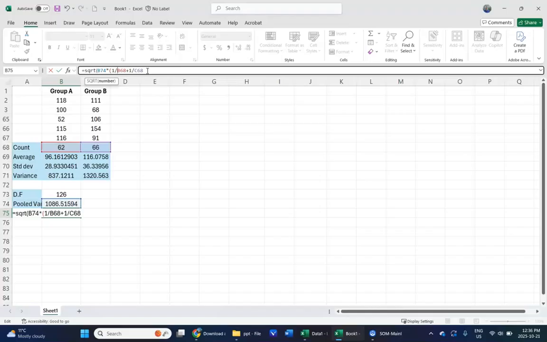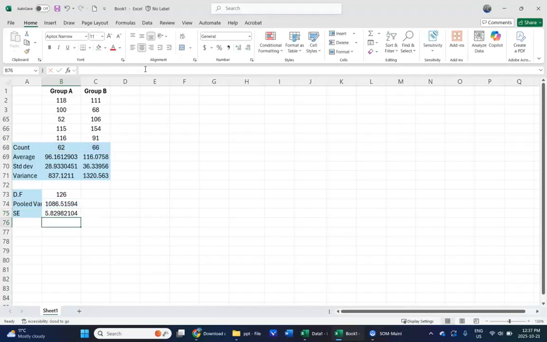And we need to double close our brackets at the end. So it's the formula you have, it's a square root of the pooled estimate variance times 1 over the sample size for group A plus 1 over the sample size for group B. Our standard error would equal that value.